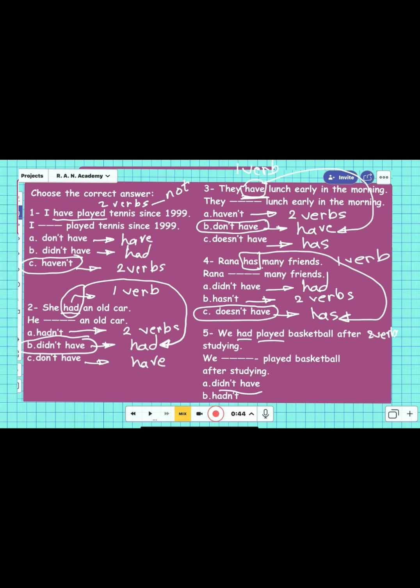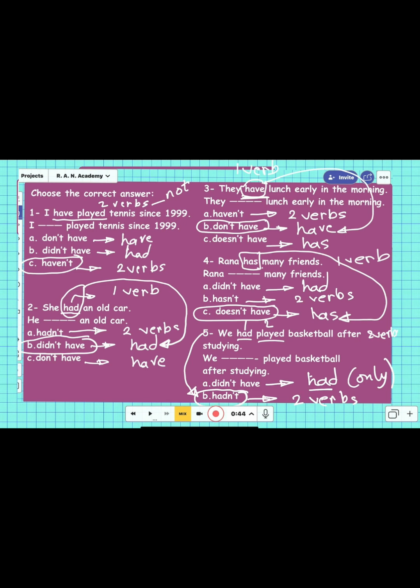Didn't have if I see had only, one verb. Hadn't if I have two verbs. So how many verbs do I have here in my sentence? One and two. So here I have two verbs, I will choose hadn't. Hadn't is the correct answer.